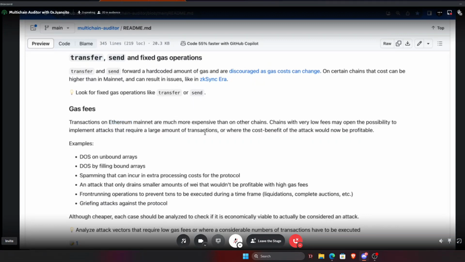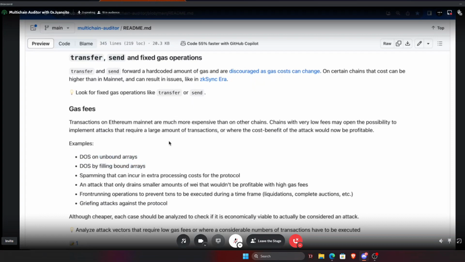But some people might perform even a griefing attack, so a kind of attack that doesn't make any profit for the attacker, but harms users or the protocol. And that can be of many forms. So on some chain that's really cheap, you can perform some attacks to deny service to some function because of unbounded arrays.